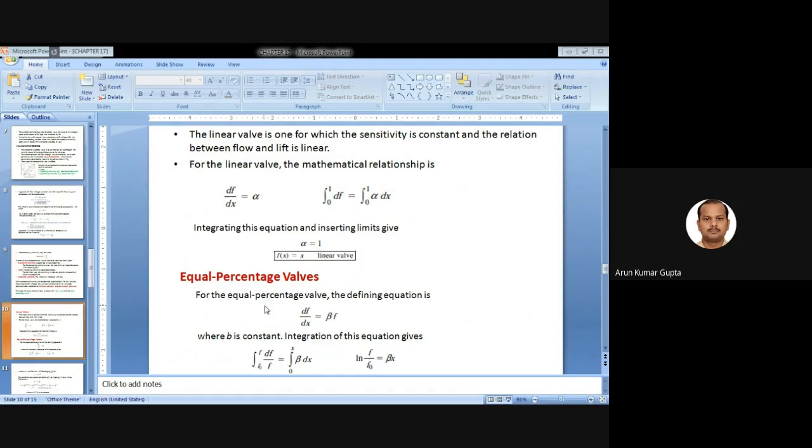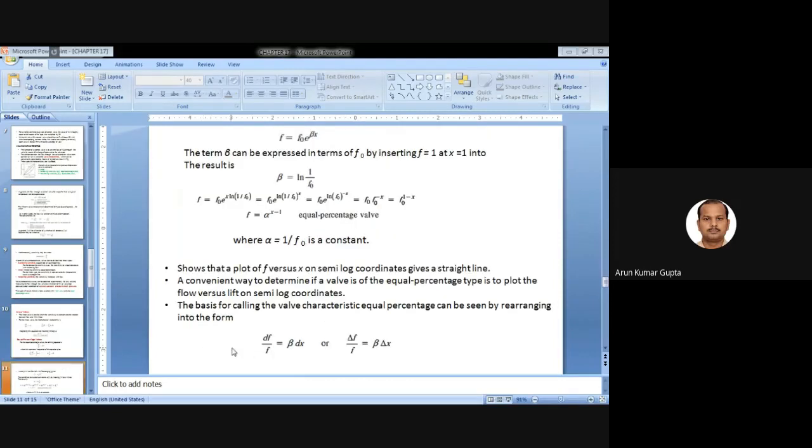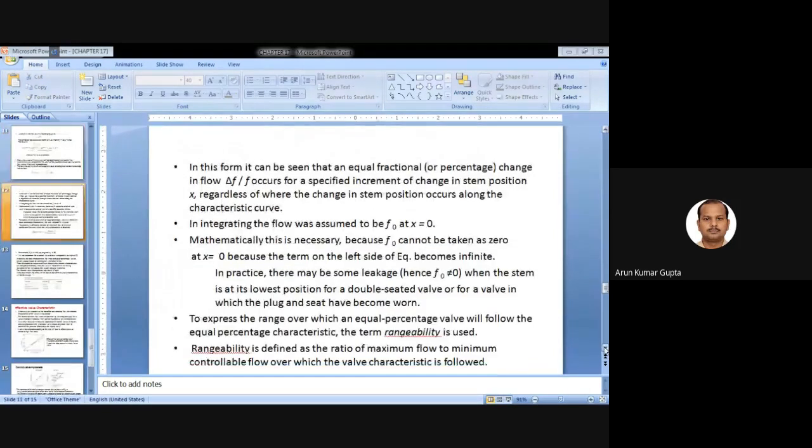So what we do is take df upon f and beta into dx. So df upon f equals beta into dx. We can write df as delta f, because we are talking in terms of equal percentage, and dx as delta x. So we have this form of mathematical expression, right?